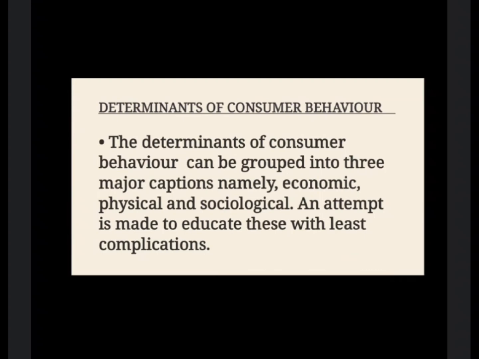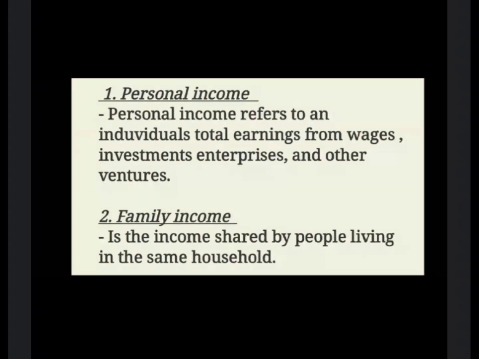So, personal income is the earnings from your wages, investments, or other income that belongs to you or is personally owned by yourself. Family income is the income shared by people living in the same household. So, the income shared by the people you live with.